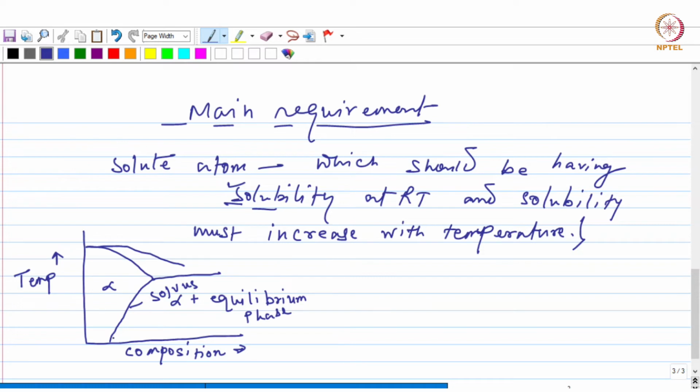So this line should be sloping up like this, because the requirement here is the solubility should increase with increasing temperature, right?